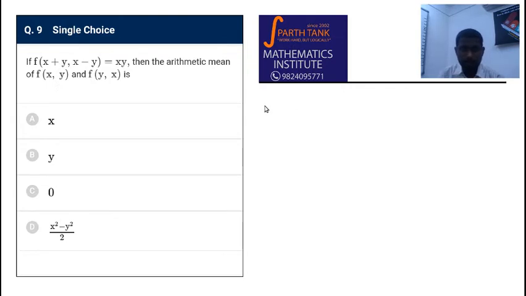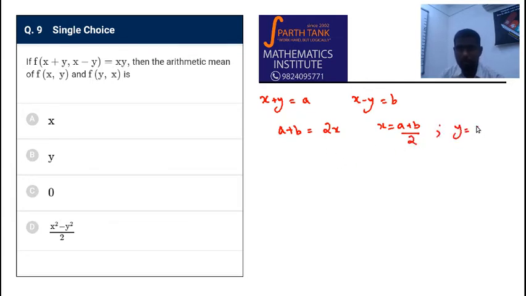So if you take x plus y as a and x minus y as b, then a plus b would be 2x, right? Or x can be a plus b by 2. The same way y would be a minus b by 2.